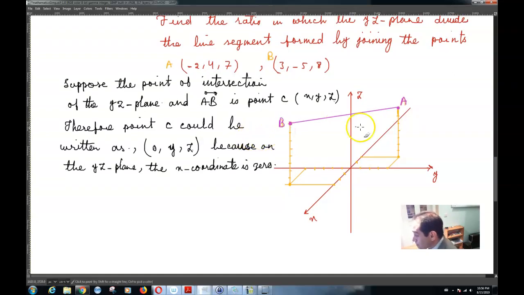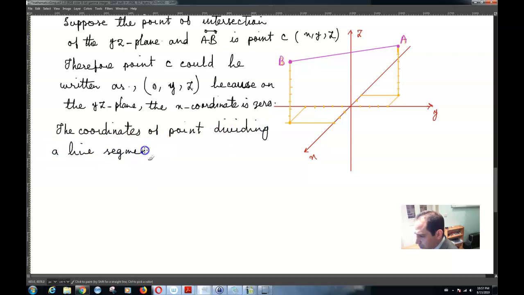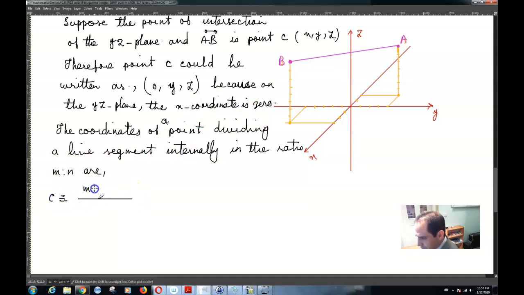Now the coordinates of a point dividing a line segment internally in the ratio m to n are, if I call the point C, m times x2 plus n times x1 over m plus n.